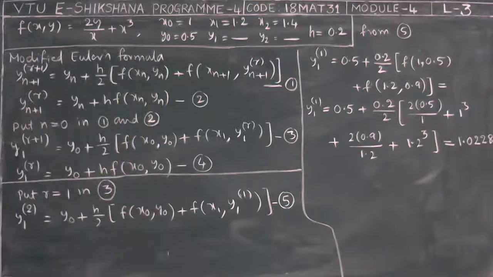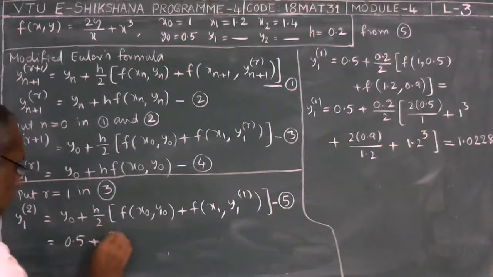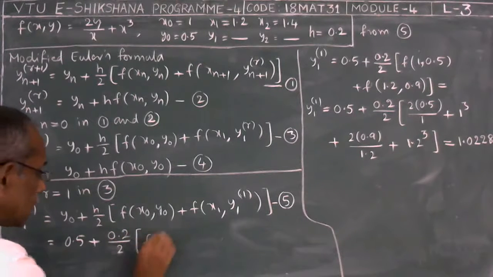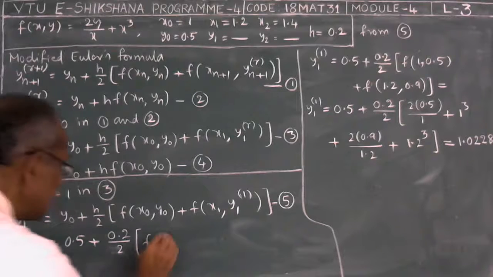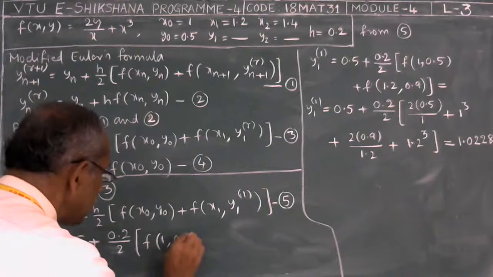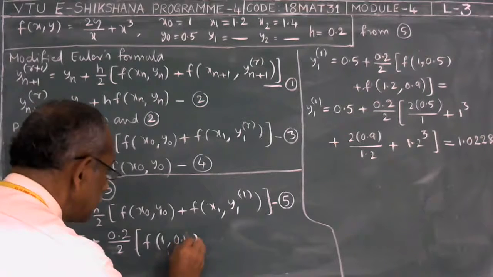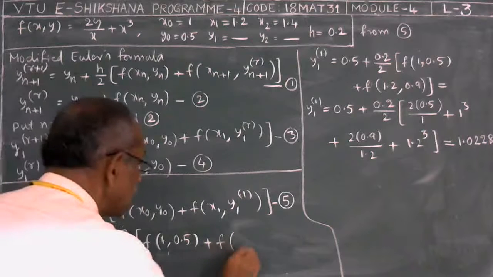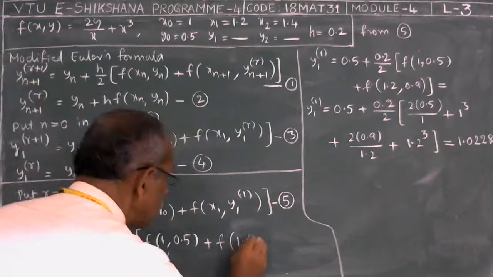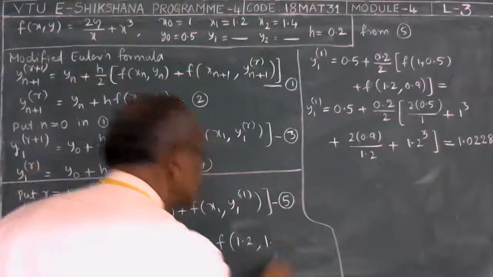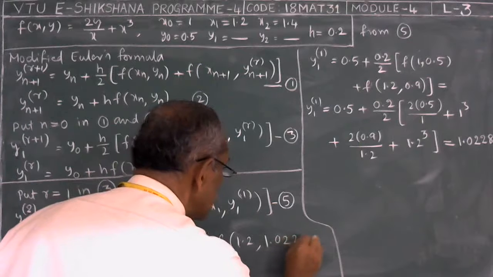So y12 is y0, which is 0.5, plus h by 2, 0.2 divided by 2, into f of x0, 1 comma 0.5, plus f of x1, 1.2, y1 1 is 1.0228.